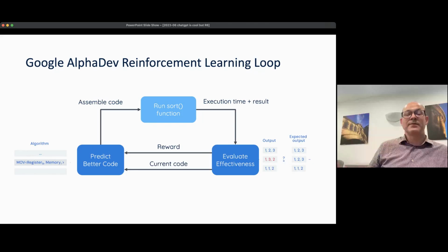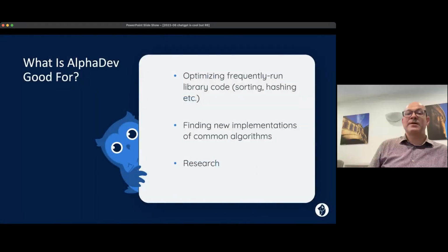From that, they can predict what some better code is, right? So maybe taking out that move instruction was a good thing. Now, what happens if we change something else? They're iterating through different alternatives, different sequences of instructions, running those and finding a better solution. So that's what they did with AlphaDev.